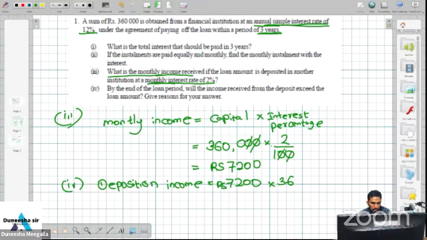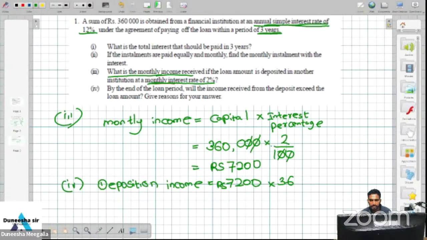Yes, Isindu, your answer is correct. Isindu, is the income from the deposit exceeding the loan amount or not?